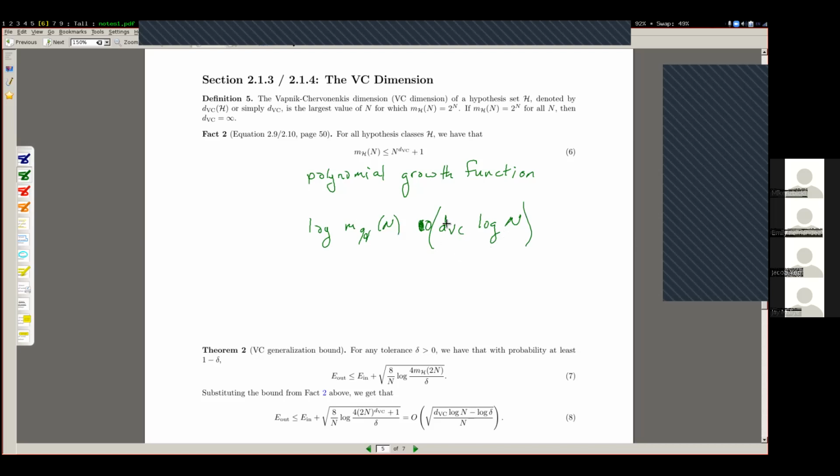And this is what people actually think about: this is equal to O(d_VC log n). It doesn't really matter that this is potentially a huge polynomial, because we're taking the log of it, that d_VC up there comes out, and we get something linear in the VC dimension.